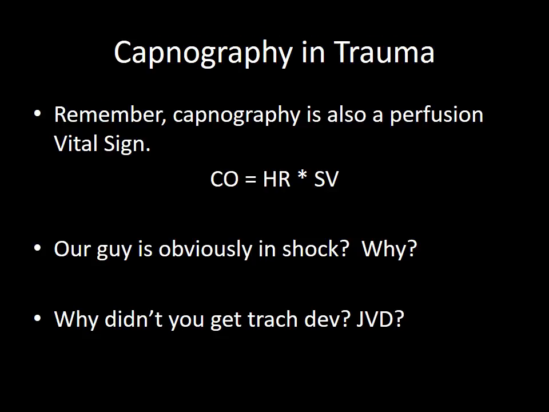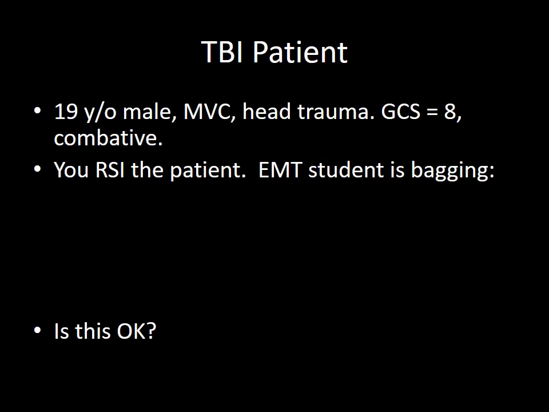Remember that those are late signs of a tension pneumothorax, so you won't see them. The real difference between a pneumothorax and a tension pneumothorax is that the patient becomes hemodynamically unstable.